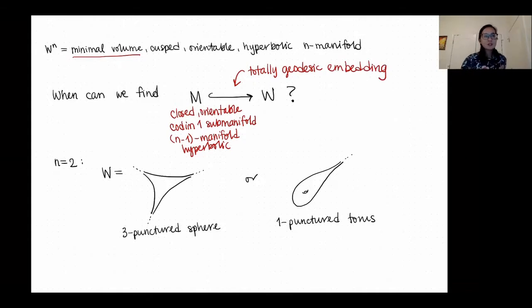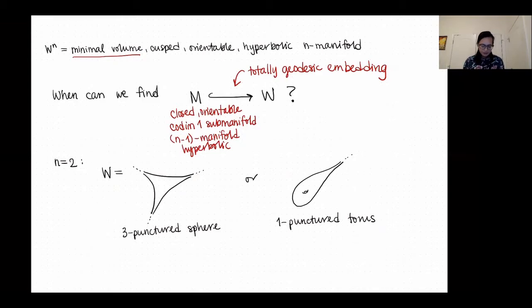Okay, so let's think about what happens in the dimension 2 case. If we want our W to be a minimal volume cusped orientable hyperbolic surface, we have two options. The first option, over here on the left, is the 3 times punctured sphere. The second option, over here on the right, is the once punctured torus.